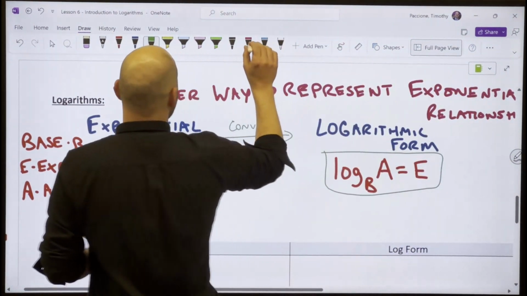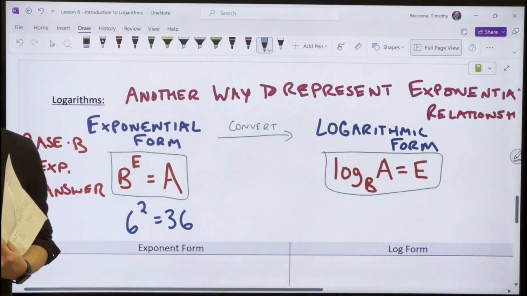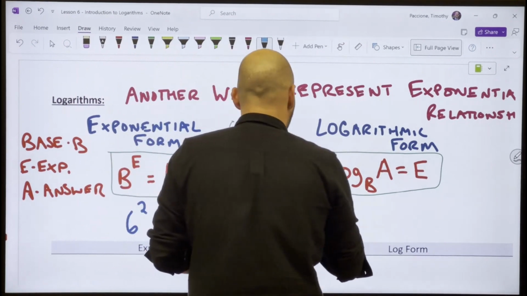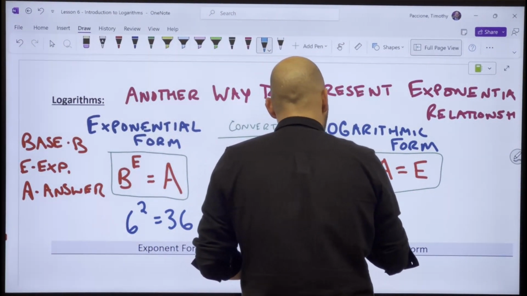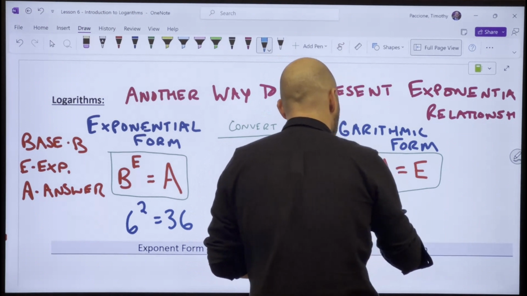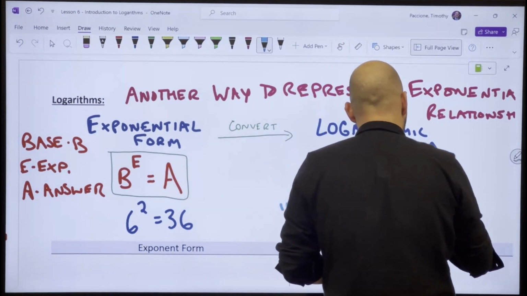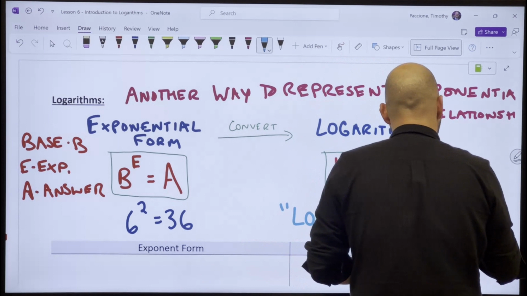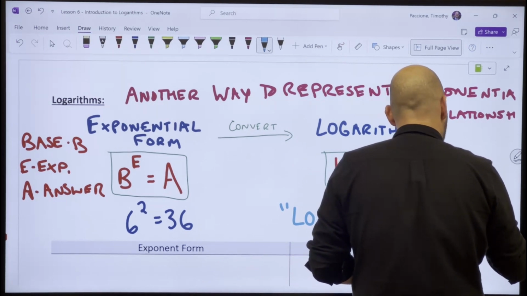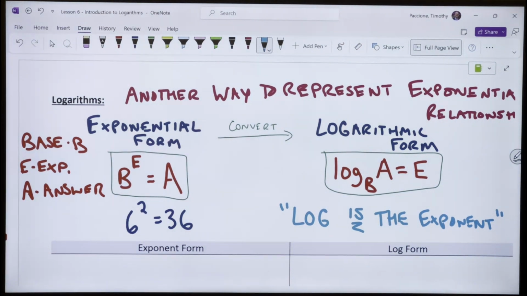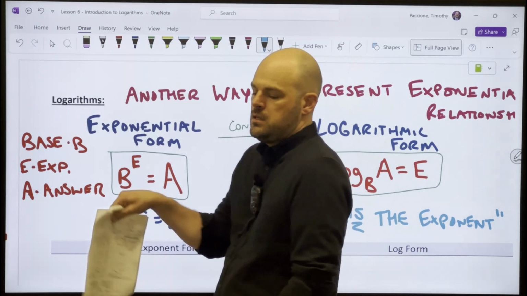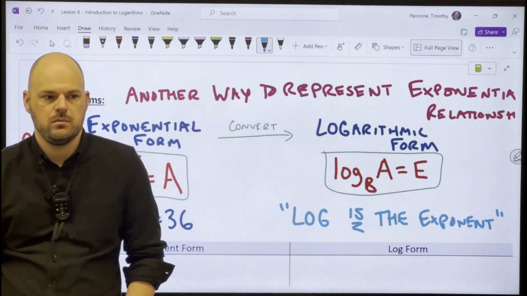Now, a key thing to keep in mind here is, well, what was the point of all this? Well, the log is the exponent. Okay, and I'm going to say that a lot. The log is the exponent. What do I mean? I'm using the word is in a math sense.